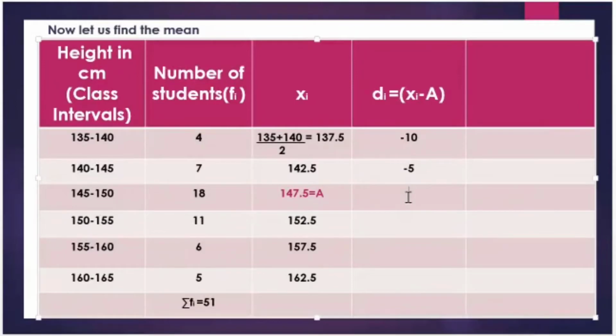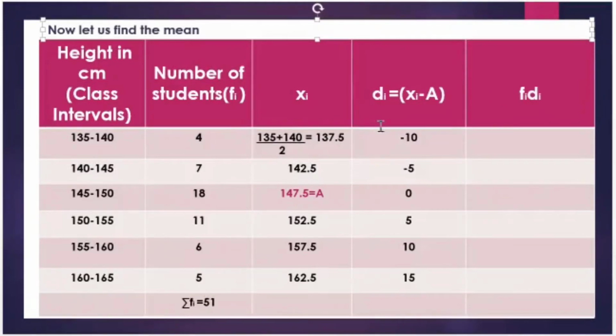Then 147.5 minus 147.5, 0. 152.5 minus 147.5, 5. Then 10. 162.5 minus 147.5, 15. So you see, such simple numbers are coming, and I need to find out fidi now.